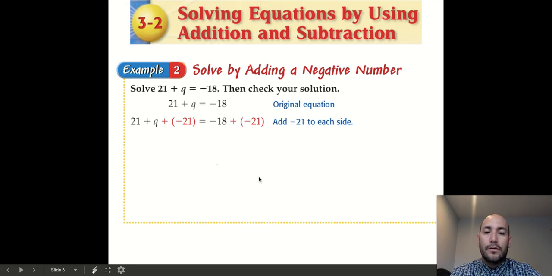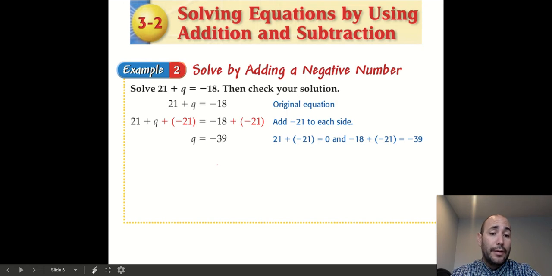When I do that, positive 21 plus negative 21 makes 0, so I'll be left with q, which isolates the variable. On the right side of the equation, negative 18 plus negative 21 gives me negative 39. So again, I zeroed out the left side and got negative 39 on the right side. Now I have my solution, q equals negative 39.